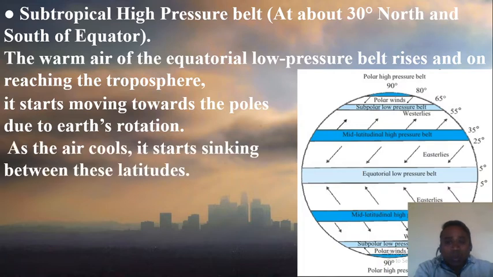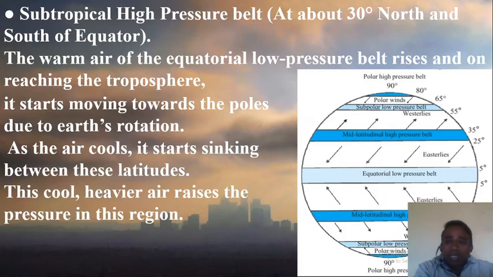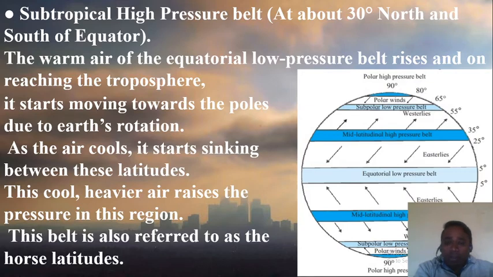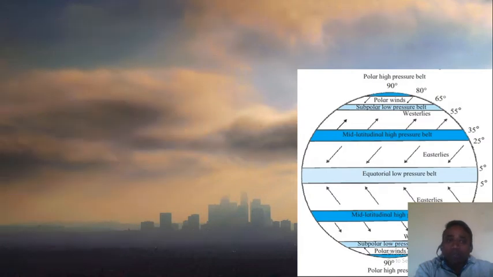As the air current cools, it starts sinking between these latitudes, and this cool heavier air raises the pressure in this region. This is the mid-latitudinal high pressure belt. This pressure belt is also referred to as horse latitude.